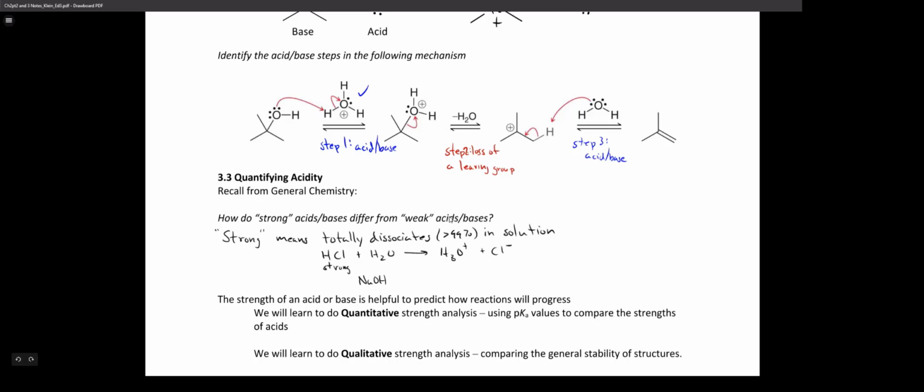NaOH in water becomes Na+ ions and hydroxide ions. Mathematically, we would express the top reaction by saying Ka is much greater than 1. Remember that the equilibrium constant for acids lies very strongly to the right.